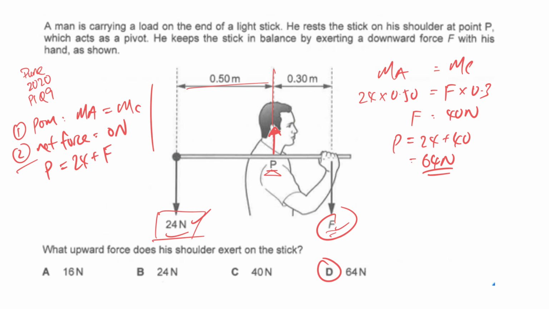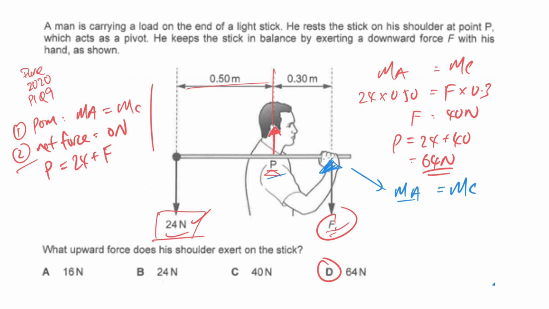So this is the usual way, but slightly longer. So what's the shortcut? For a system that is in equilibrium, you can choose to take pivot about any point. So instead of the usual P, I can take my pivot at the hand here, and then use principle of moment to solve. Anti-clockwise equals clockwise moment.